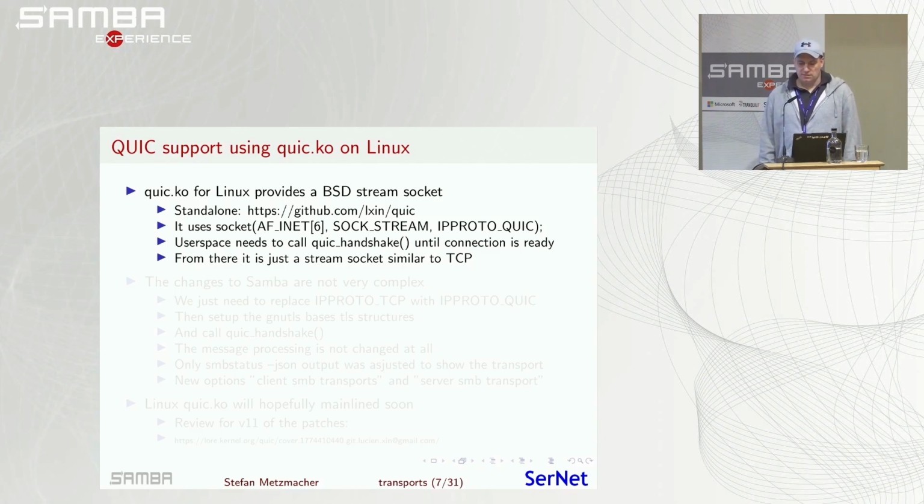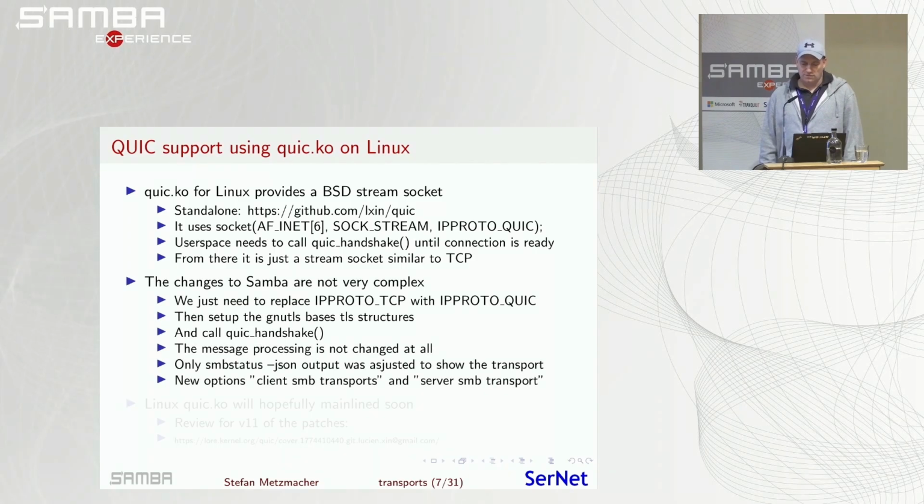Then user space needs to call the QUIC handshake function, which does the cryptographic setup before the connection can start. And from there, it's basically just like TCP and very easy to do.